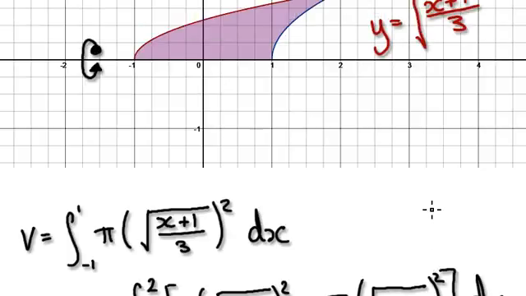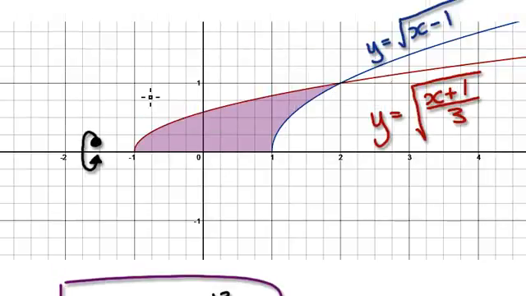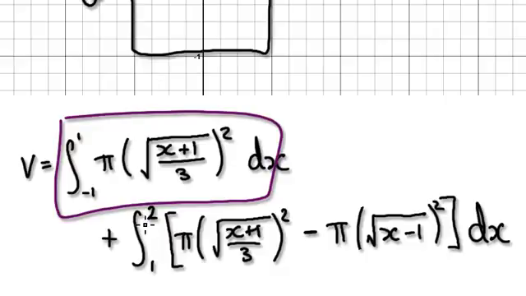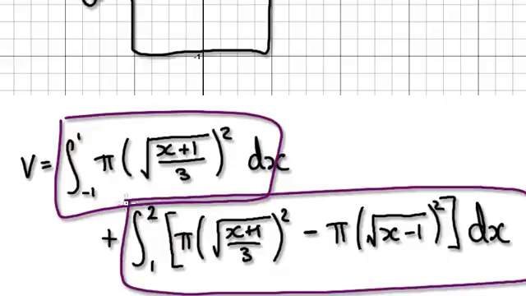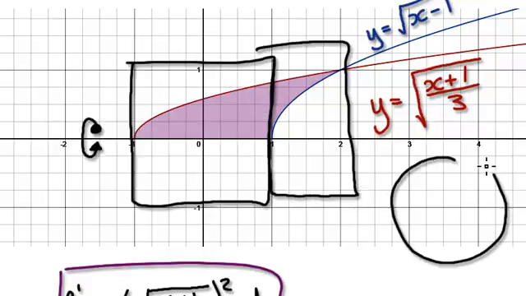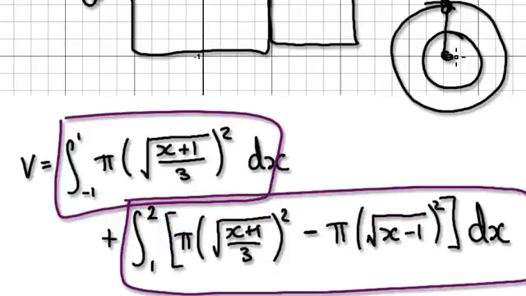So this bit here is for this region, and this whole bit here is in this other region. If you look at the washer, the radius of the big washer would be you looking at the red line, that's this bit here.